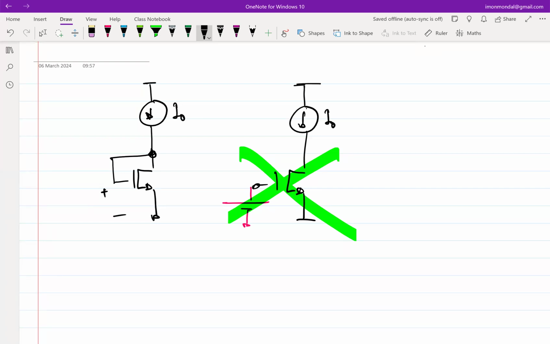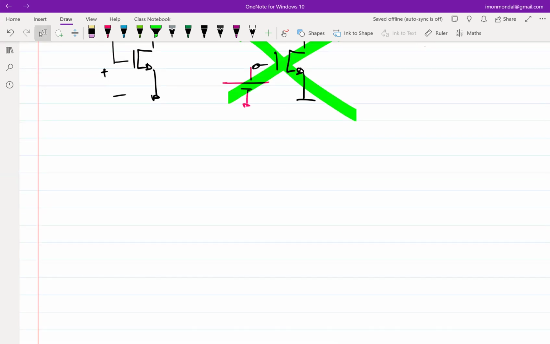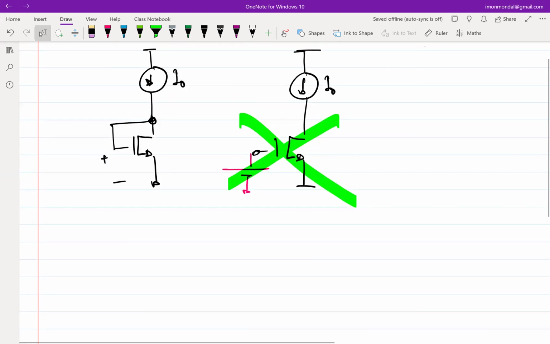Okay, fine. Now we can extend the arguments of biasing with a constant current source by observing the following. In a transistor, ultimately, we can feed in the current source at two places. Either we can feed the current source into the drain, or we can take the current source out from the source.